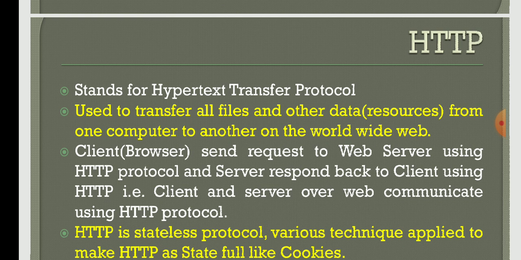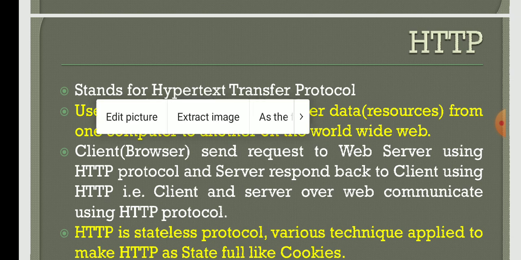Similarly, our server will also have this HTTP, and the request will be validated. If it is valid, then our server will respond. When it is coming back to the client, that is our browser, again the HTTP protocol will be enabled, and it will verify whether that response is a perfect response, and if it is perfect, it will display the Google page.